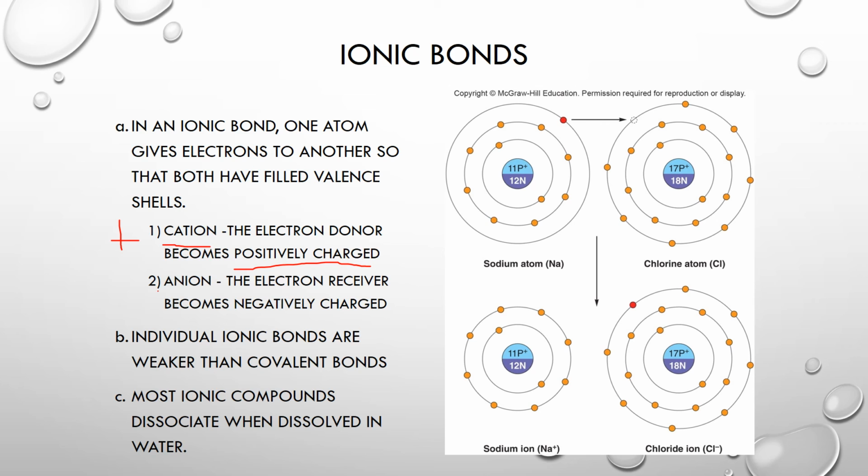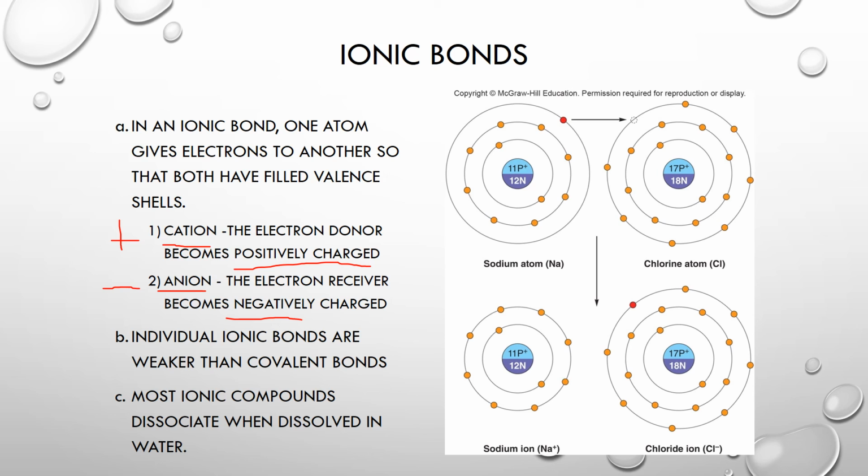And then the second one becomes an anion, where the electron receiver, so you're receiving a negative charge, becomes negative. So an anion is for negative. Cations and anions attract each other with their positive and negative charges to form ionic compounds.